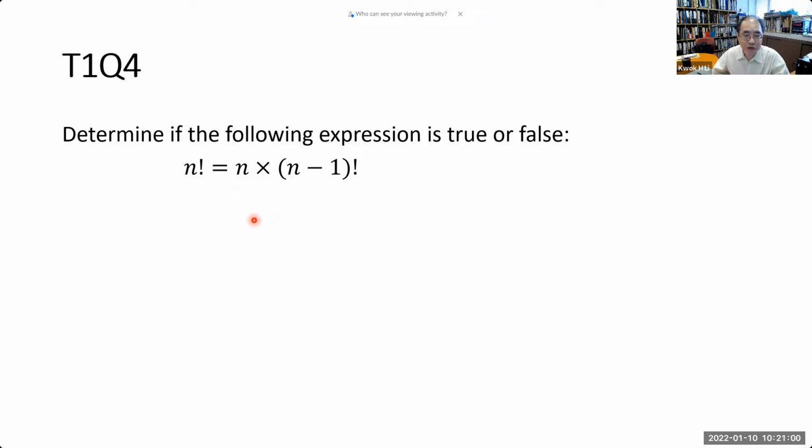It's very difficult to follow if it's done like that, because later on I will talk more about that. So you should try to do it from one side to another, and then from n factorial, after some manipulation, you will get the right-hand side. Or from the right-hand side, after some manipulation, you get the left-hand side.